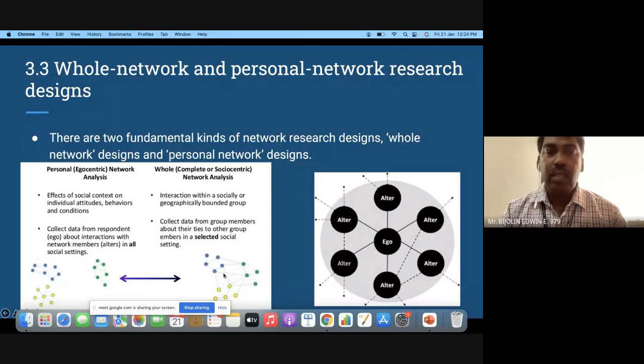If there are many advantages, some disadvantages will also be there. Likewise here also. So based on the scenario, you can decide whether you go with the personal network or the whole network.